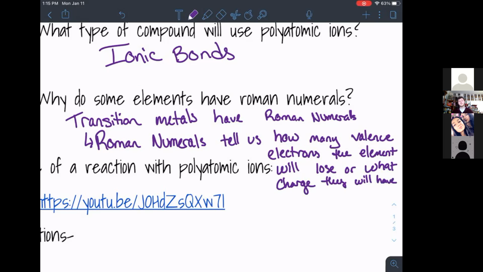Again, those Roman numerals tell us how many valence electrons the element will lose or what charge they're going to have.